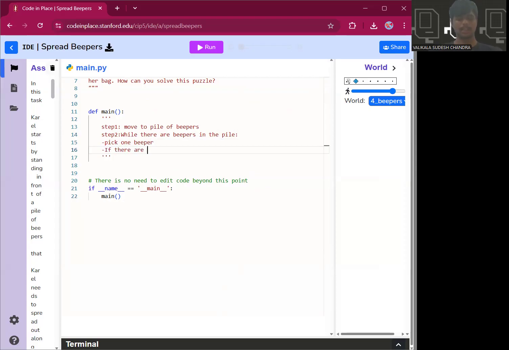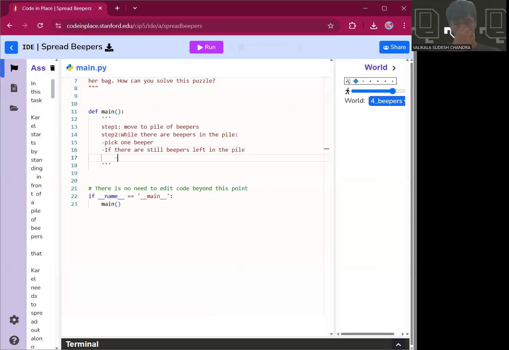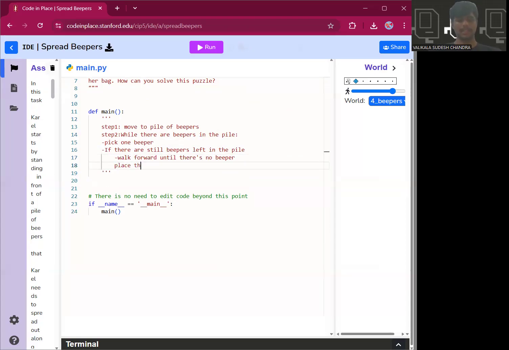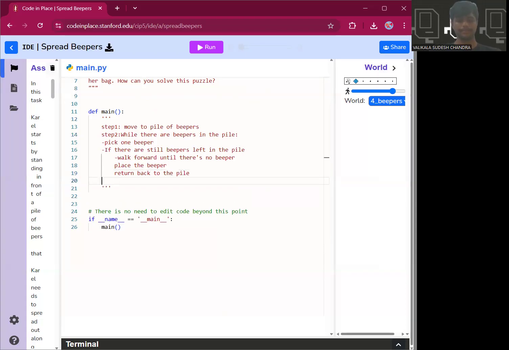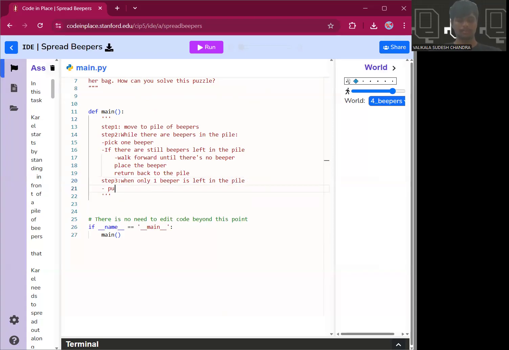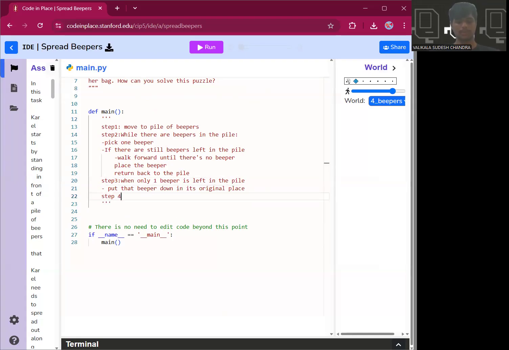If there are still beepers left in the pile, walk forward until there is no beeper, place the beeper, and return back to the pile. Step three: when only one beeper is left in the pile, put that beeper down in its original place. And step four: go back to the starting position.